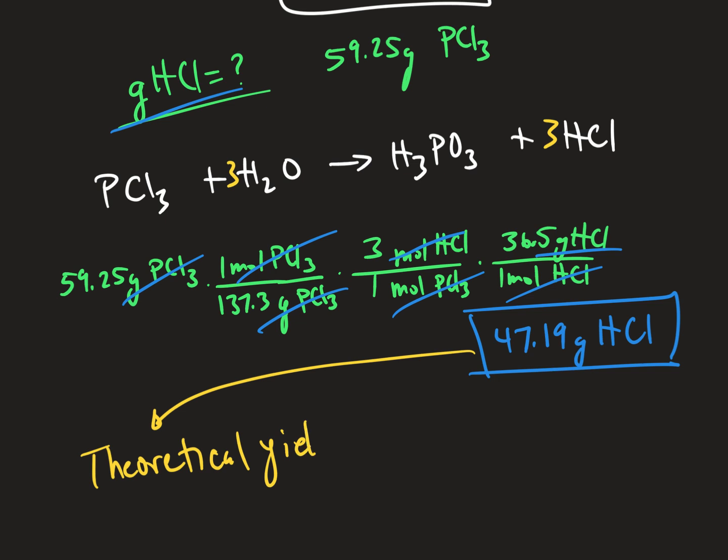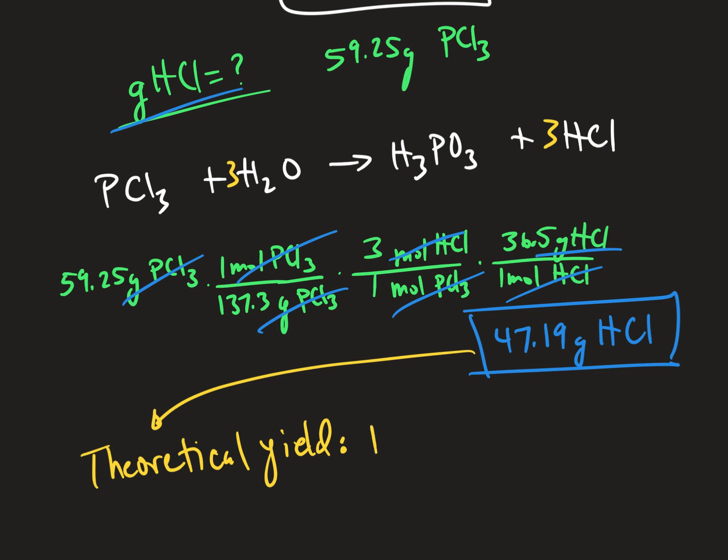Why do we call it that? Is this what we actually get in the lab? No. This is based off of theory. It's pretty close. If we do a perfect job in the lab, this is what we should get, right?